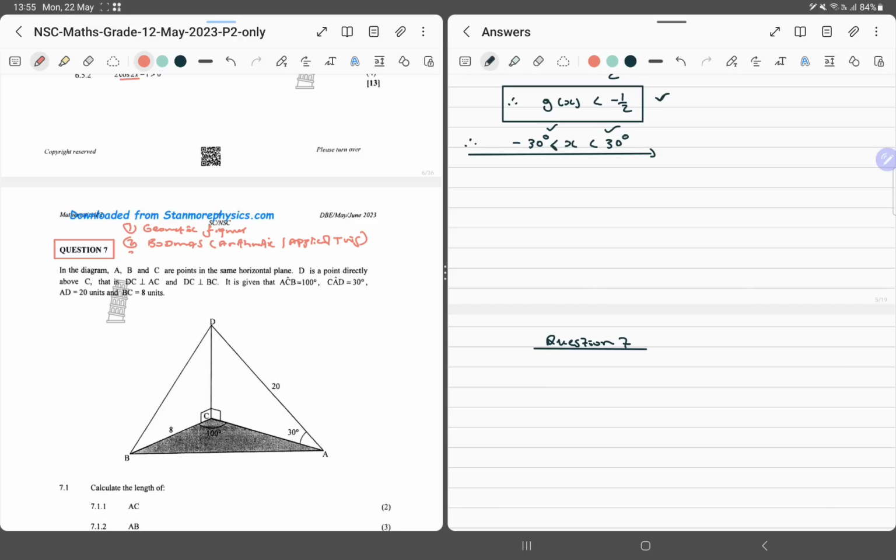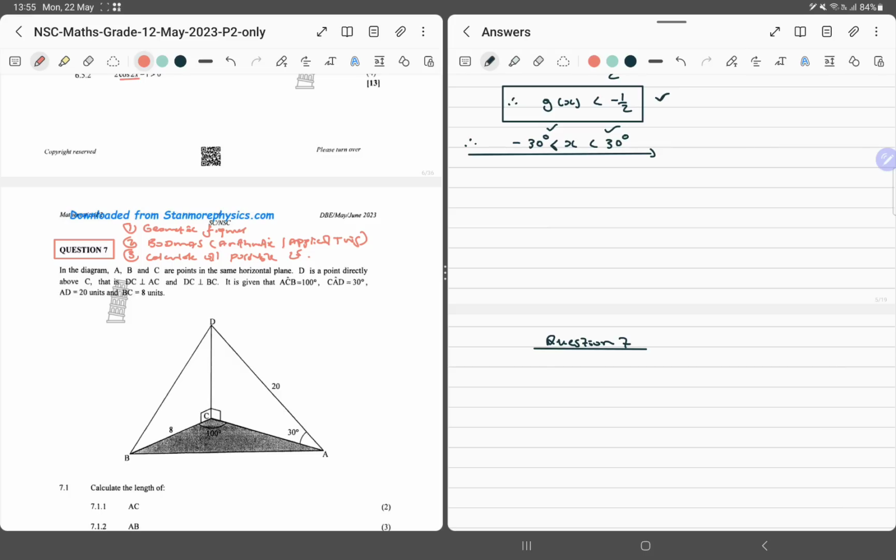And then here, calculate all possible angles. So don't wait.